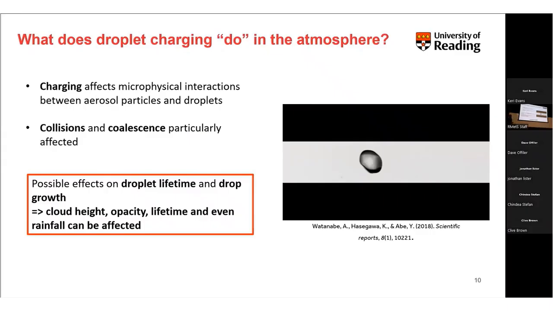So this means that things like the lifetime of the droplets, how long they last, and how they grow can be affected by charge. And many of you will know that it's these small-scale cloud microphysical processes that determine the large-scale properties of the cloud, such as the height of the cloud, its opacity, or reflectivity, how long the cloud lasts, and even the rainfall.